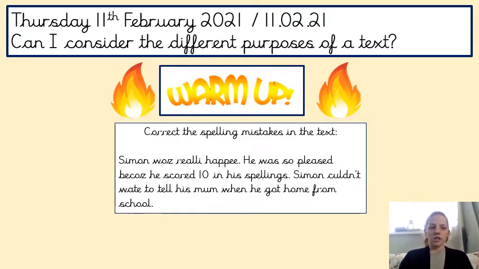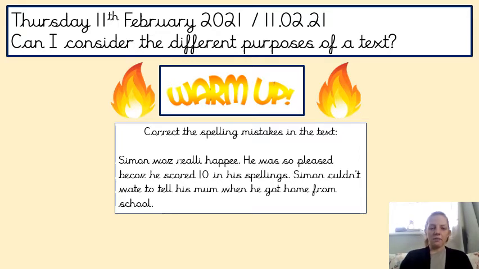Okay, just before we start today's lesson, I want you to have a go at this warm-up. I've written this piece of text, but I think I've made some spelling mistakes. So I want you to have a go at correcting my spelling mistakes and rewriting the text out in either your yellow or your green books that you have at home.